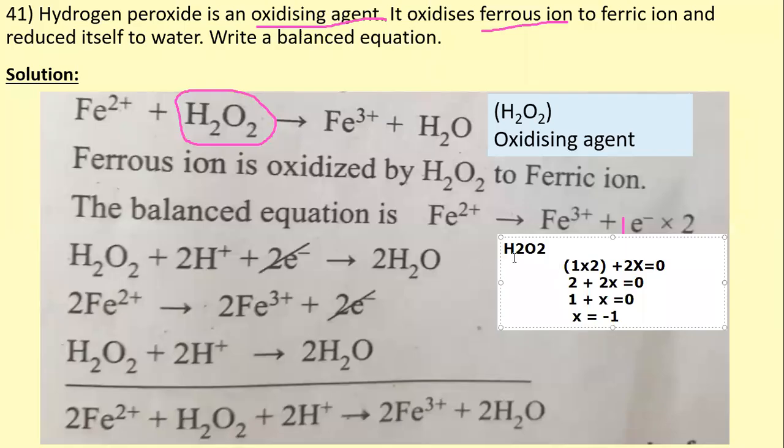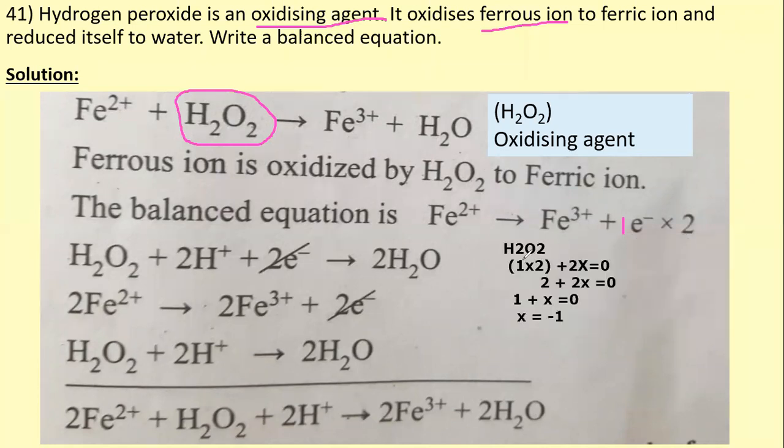Now see here, I have calculated the oxidation number of H2O2. Here we have to calculate the oxidation number of oxygen. We all know the oxidation number of hydrogen is +1. There are 2 moles of hydrogen, so 2 into 1, plus oxygen, which I keep as X, with 2 moles of oxygen, so 2X. That is equal to 0 because no charge is there.